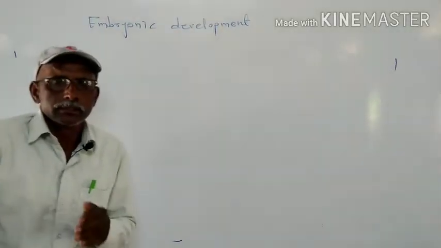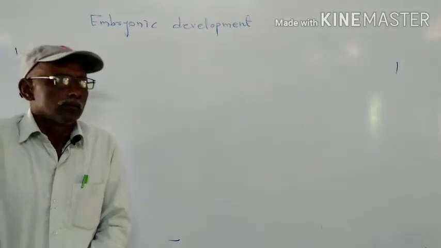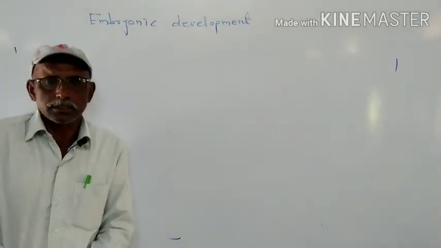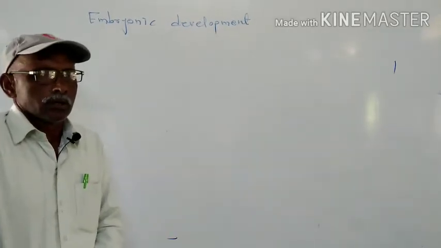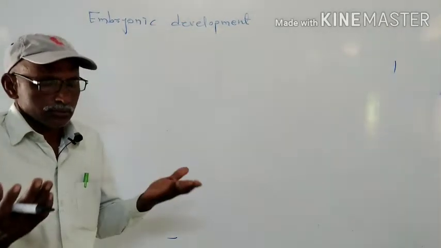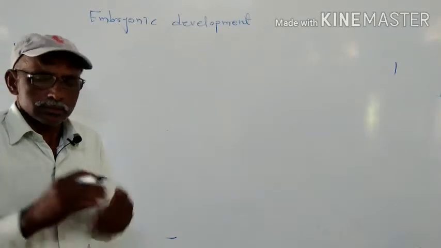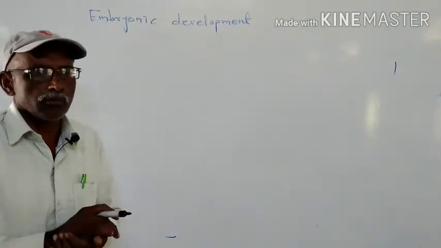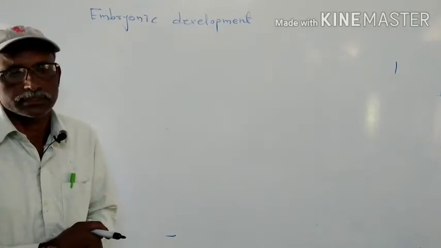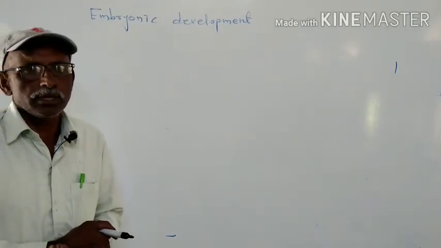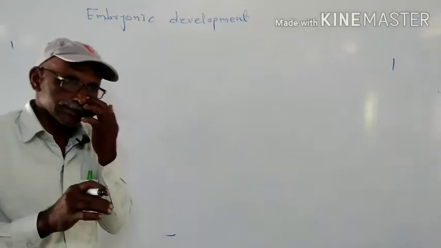So students, welcome. In the last lecture, we learned about the structure of sperm and the structure of ovum. Then we saw the fertilization process, which means we learned about the zygote stage.